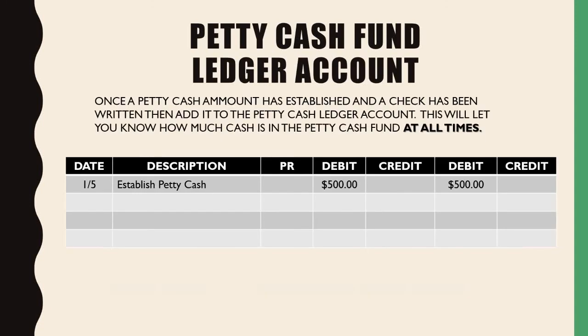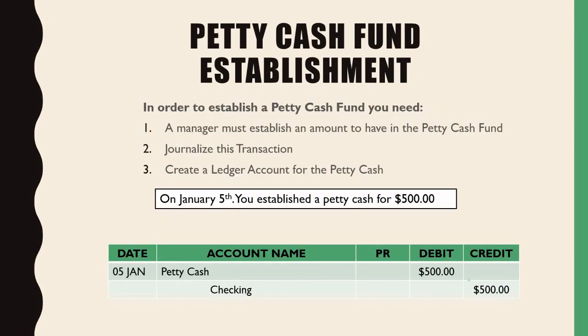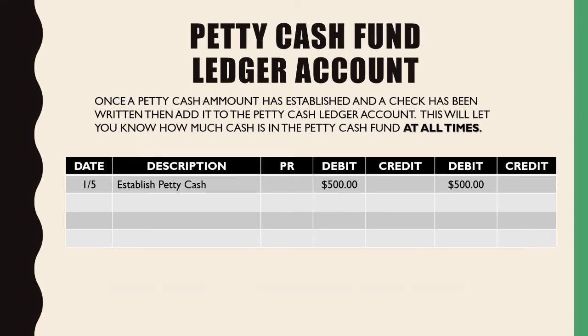Now, here is an example for a ledger account. On January 5th, I decided to open up my petty cash drawer. I make a note because I journalized it. The next step is that I must post it to the general ledger so I know how much money I should have in my petty cash drawer at all times.